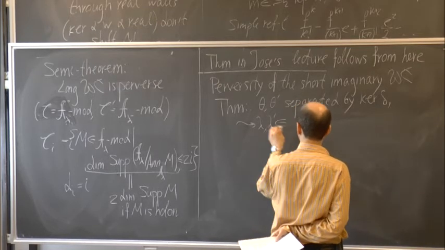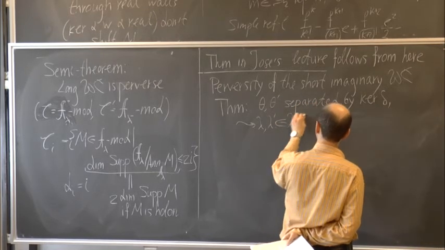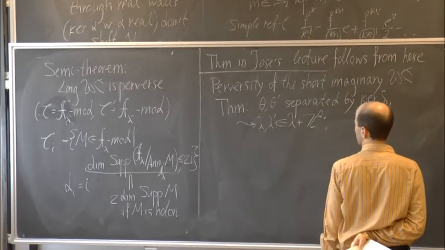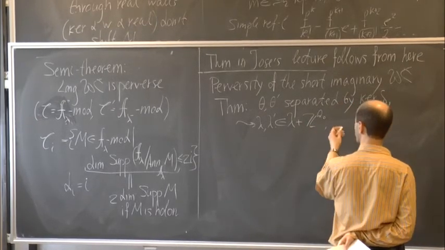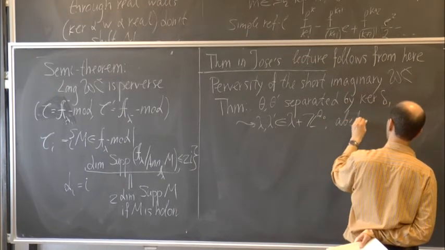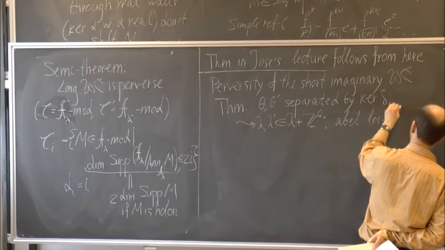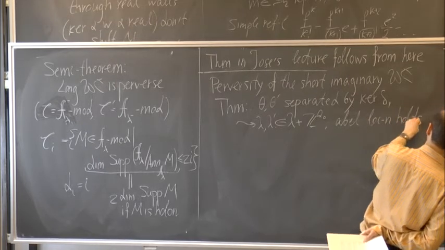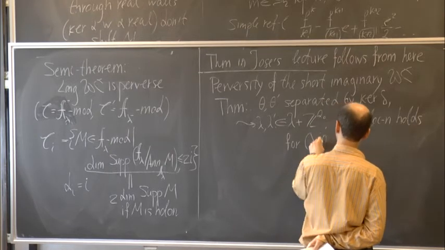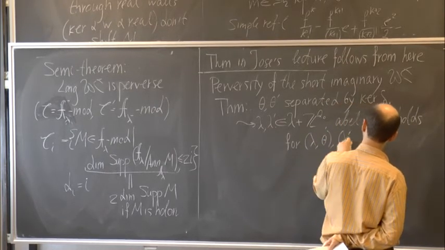So lambda prime, as usual, is in lambda plus Z q0, and abelian localization is true for lambda theta and lambda prime theta prime.